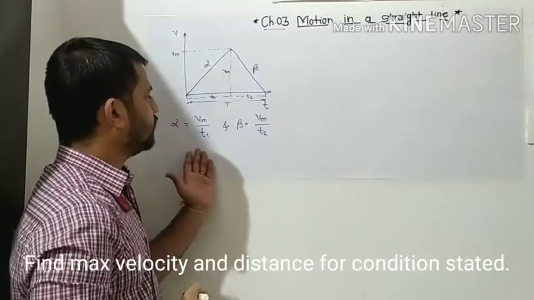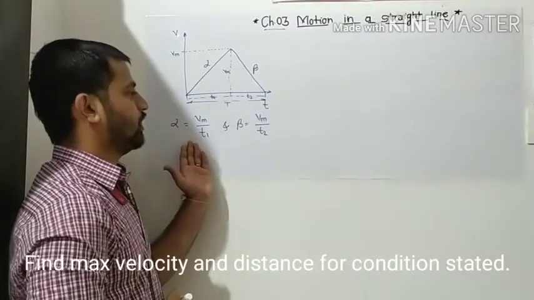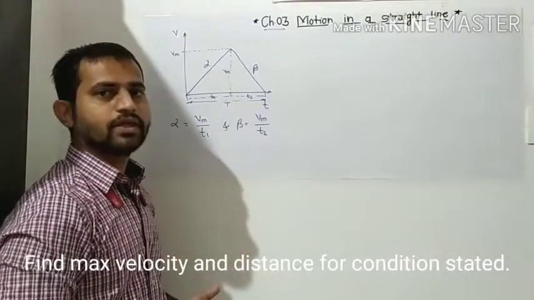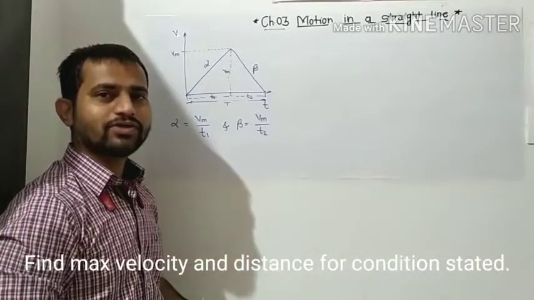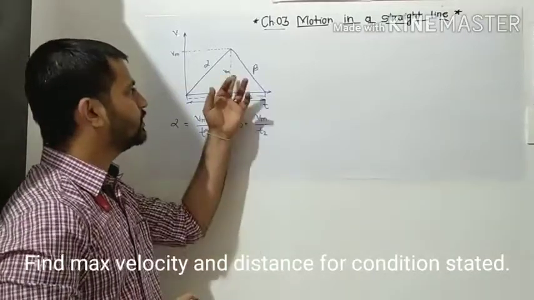Then we have the alpha, we have the beta, so we can go for the calculation of the velocity. We have to find out this Vm.